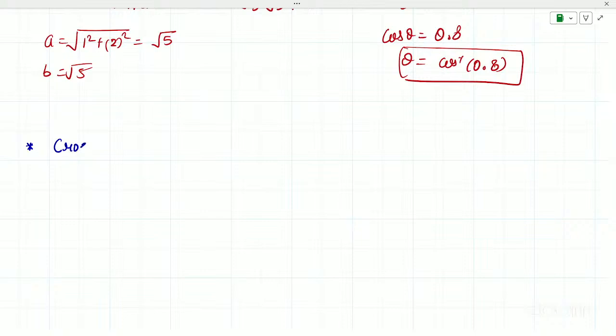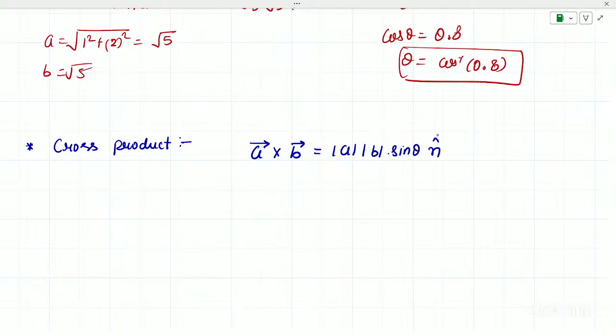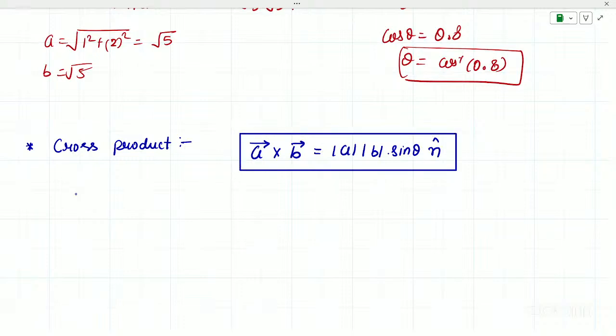Cross product is mathematically defined by A vector cross B vector is equal to magnitude of A vector, magnitude of B vector, into sine theta, the angle between them, multiplied with n cap. Now what is this n cap? Where n cap is equal to the unit vector.